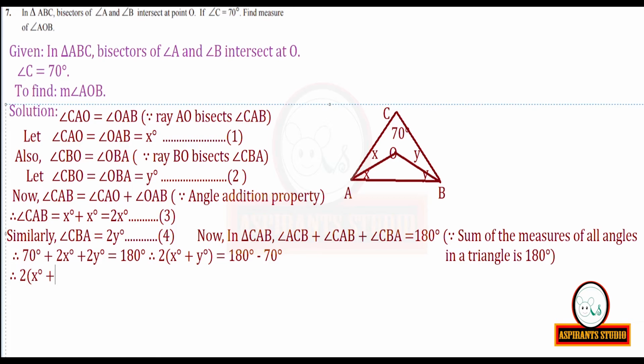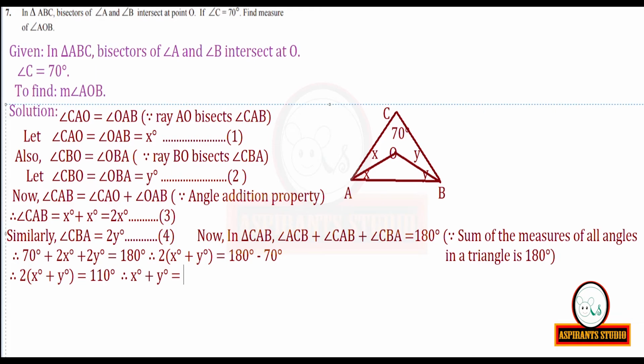Now take 2 to the other side of the equal to sign. 2 into x degrees plus y degrees is equal to 110 degrees. Now 2 multiplied by, so when you take 2 to the other side of the equal to sign, it becomes divided by 2. So 110 degrees divided by 2.